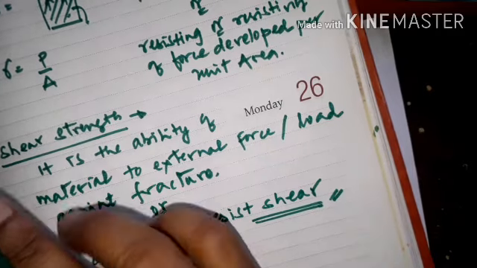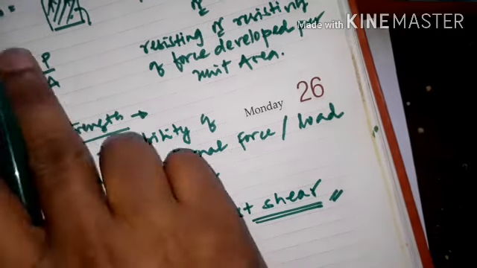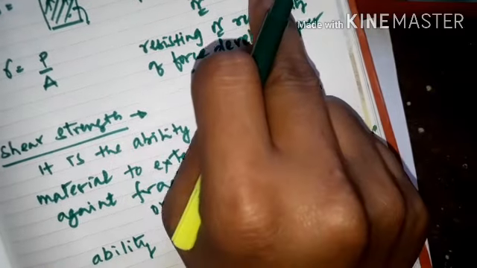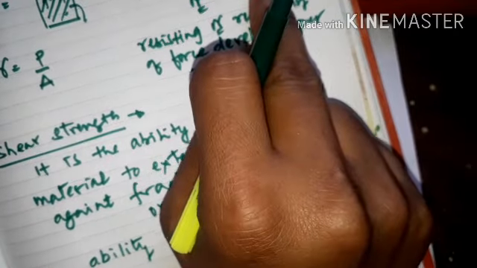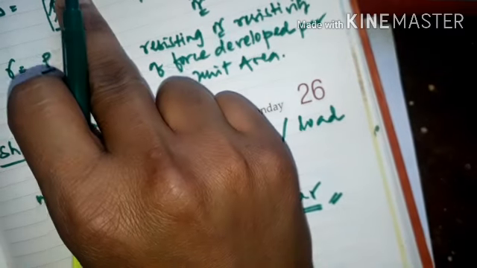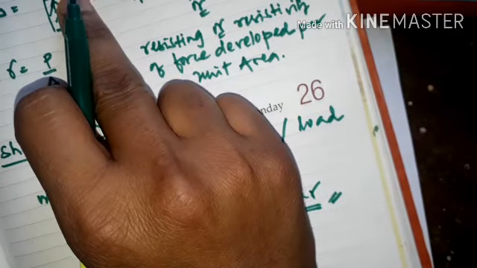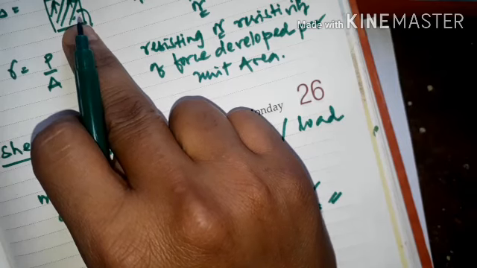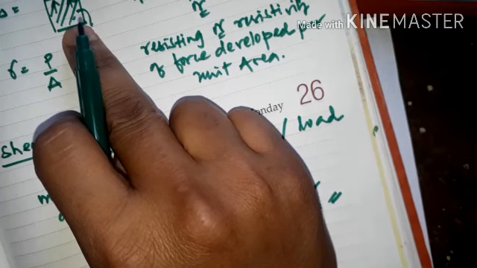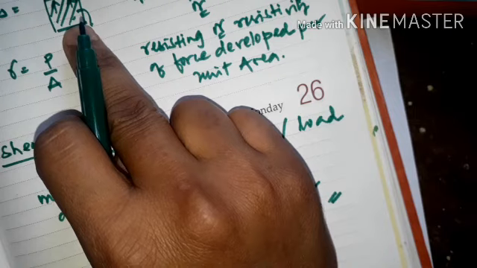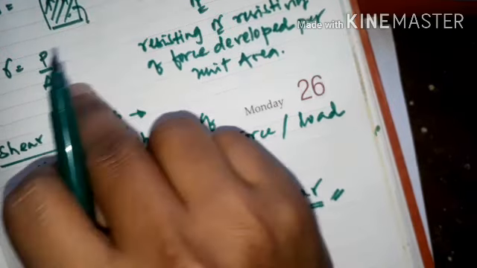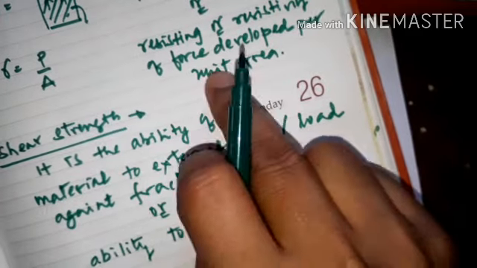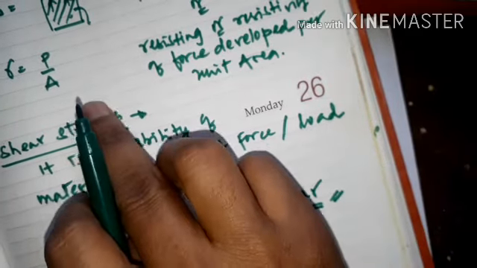So you understood what is stress. Stress is a tendency to resist the applied force. When any material or body is subjected to external force, that body will develop an internal resistance to resist the external force, or a resistivity of force developed per unit area, also called stress.